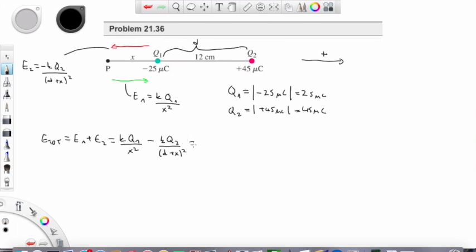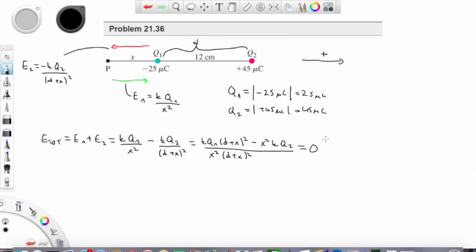So we cross multiply to have the same denominator, and we get k times q1 times (d plus x) squared minus x squared times k times q2, and the common denominator is x squared times (d plus x) squared, and we want this total field to be zero.